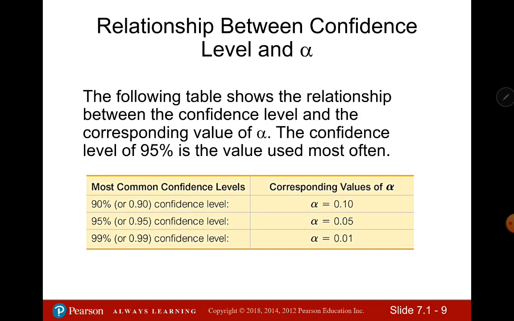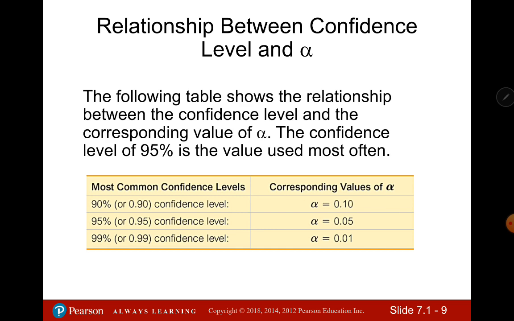So we can set the value of alpha, and we only need to know the relationship between the alpha value and the confidence level. If we set alpha to be 0.1, then the confidence level will be 1 minus 0.1, which is 0.9 or 90%.